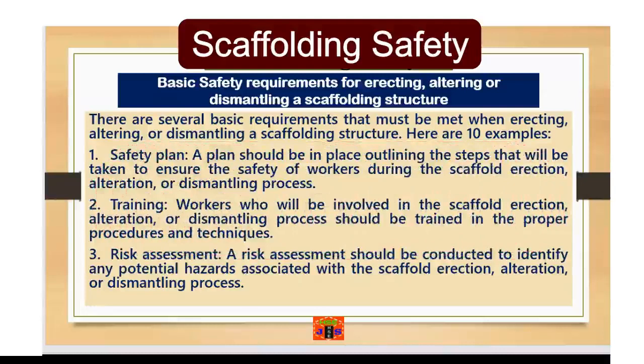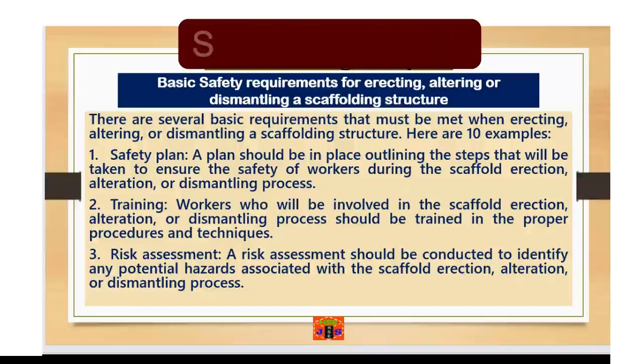I'll explain with 10 suitable, relevant site examples. Number 1, safety plan. A plan should be in place outlining the steps that will be taken to ensure the safety of workers during the scaffold erection, alteration, or dismantling process.